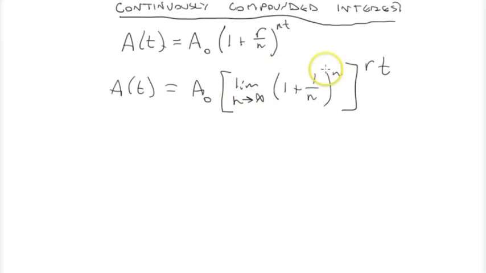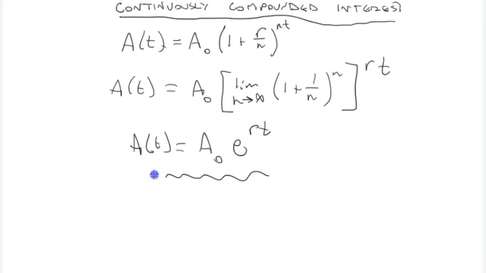This is equal to e, and that's another reason why e is so important, because it's the number that allows bankers to continuously compound interest. It makes investors seem more appealing, and it also does better for people who lend out money. So our continuously compounded interest formula is A of t equals A of 0 e to the rt.